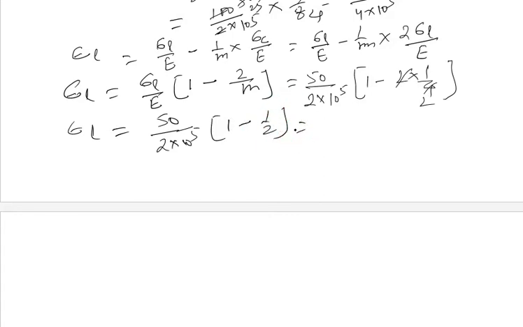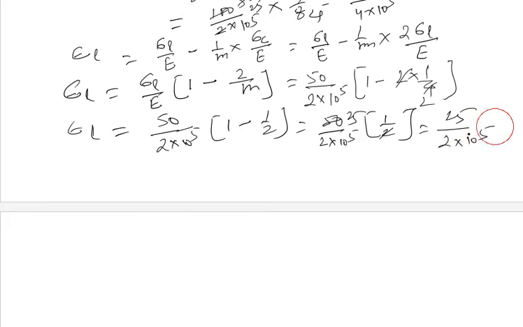This is equal to 50 by 2 into 10 to the power 5, times 1 by 2. So 25 by 2 into 10 to the power 5, correct?